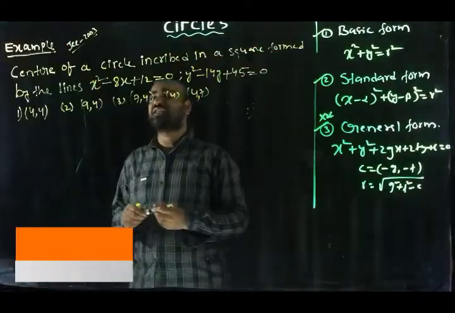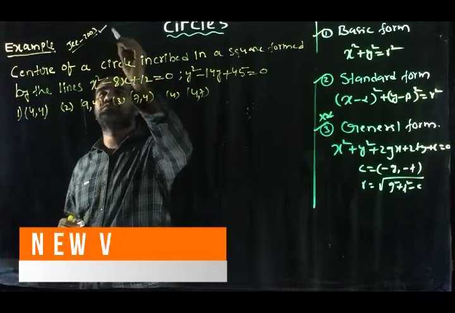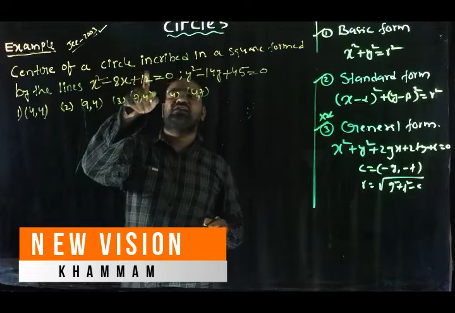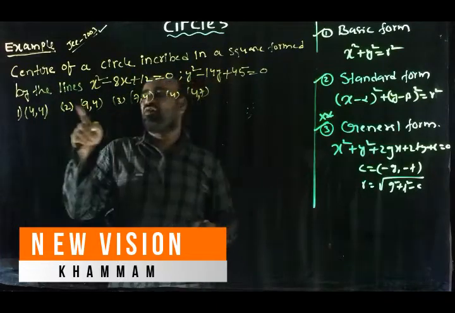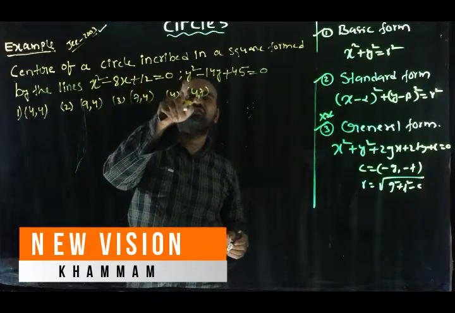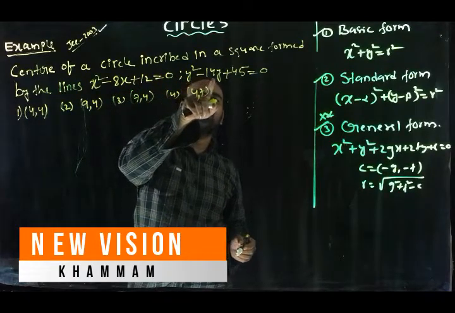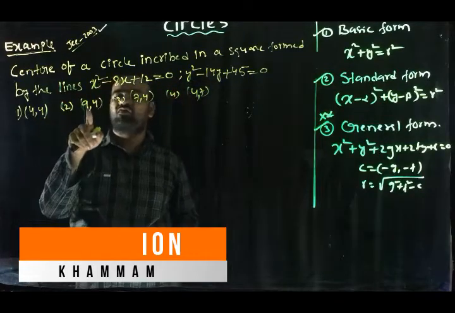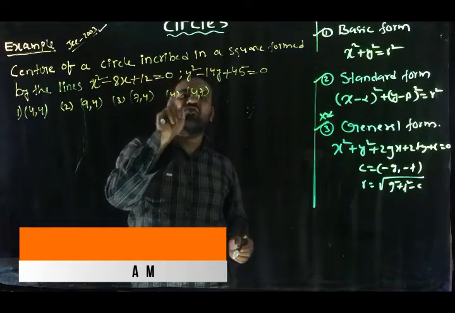Okay, students. Another example problem. An old JEE problem. The center of a circle inscribed in a square formed by the lines x square minus 8x plus 12 equals 0, y square minus 14y plus 45 equals 0 is: (4, 9), (4, 7), (4, 4), (7).